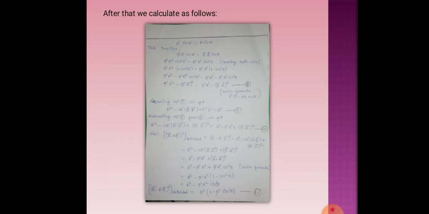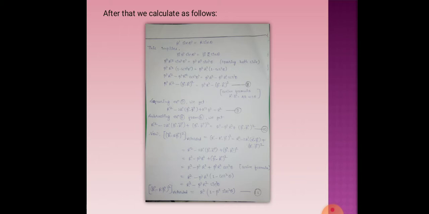R prime square, (R minus beta dot R) whole square, is equal to beta square R square minus (beta dot R) whole square. Now we can substitute all these values and we get R prime square minus 2 R prime R (beta dot R) plus R square beta square is equal to R square.